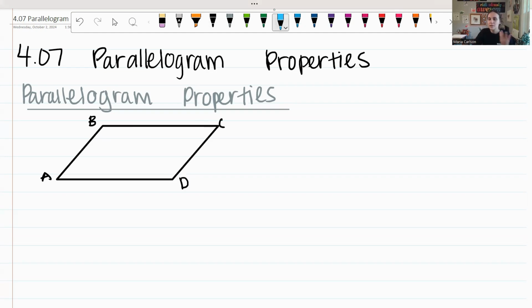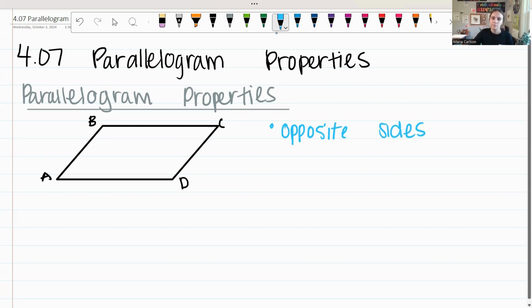So our basic parallelogram properties, hopefully we all know that in a parallelogram, opposite sides are parallel. So I can conclude AB and DC are parallel segments, or CD, however you want to look at it.